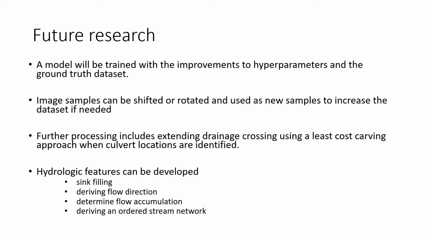And then beyond that, further processing would include extending drainage crossing using a least cost carving approach when culvert locations are identified, and developing hydrologic features using processes like sink filling, deriving flow direction, determining flow accumulation, and deriving an ordered stream network.